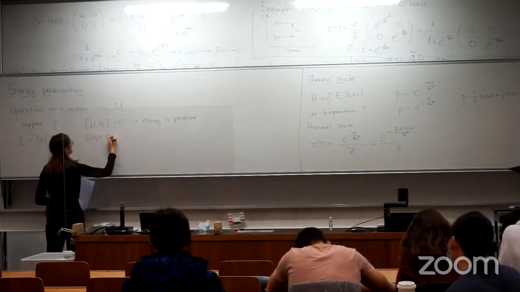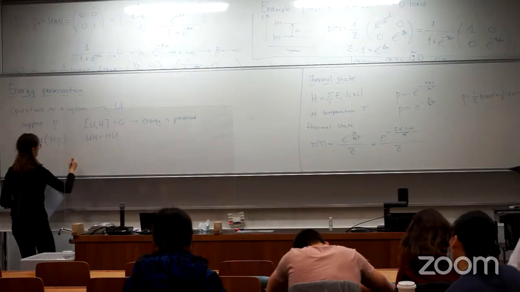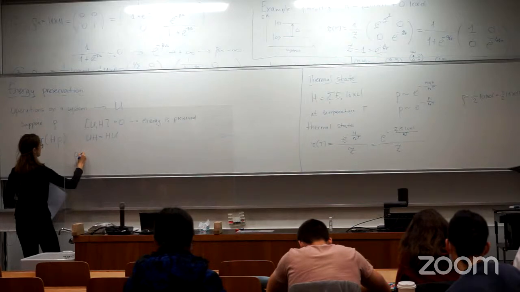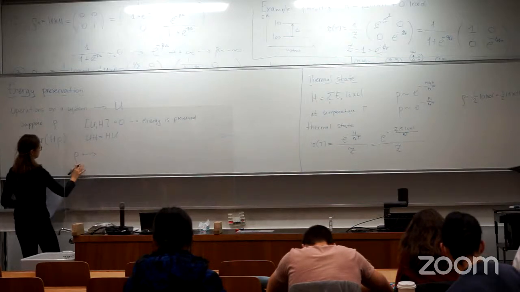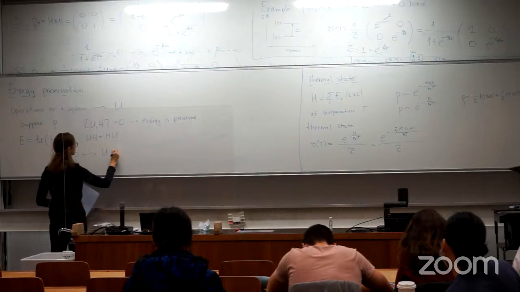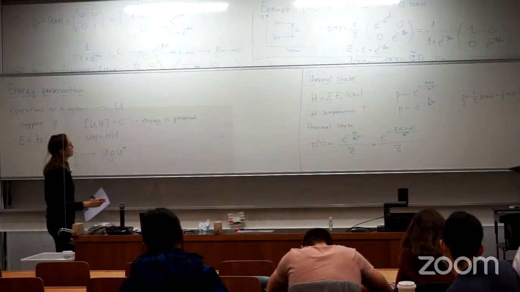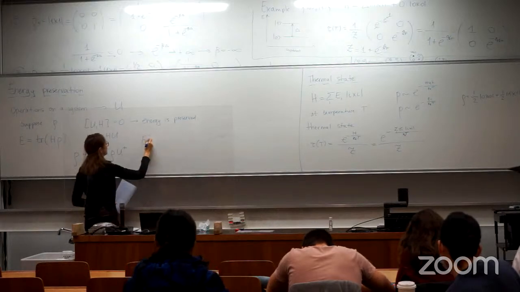Okay, so now let us apply our unitary. It maps the initial state of the system rho to U rho U dagger. Now let us calculate the energy in this state. We call it E prime.